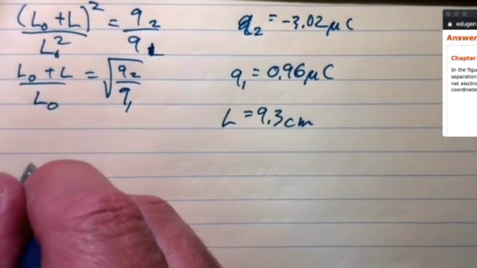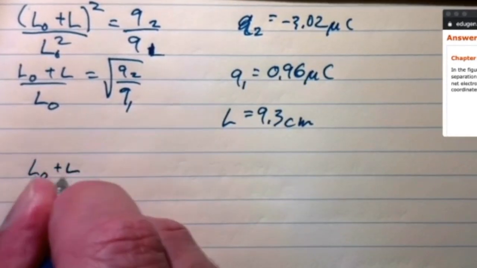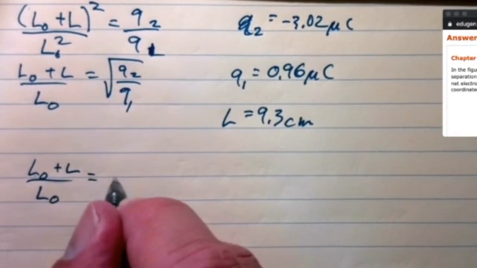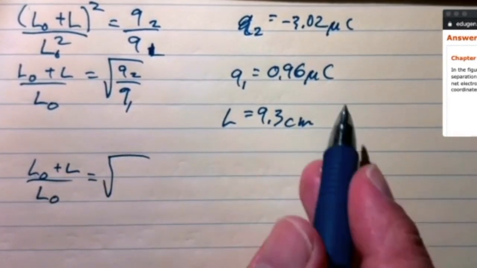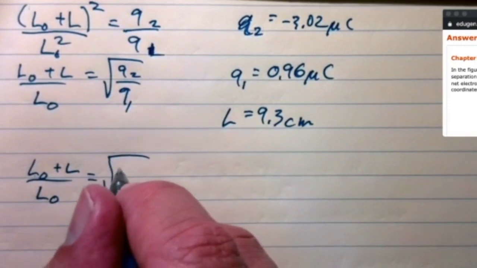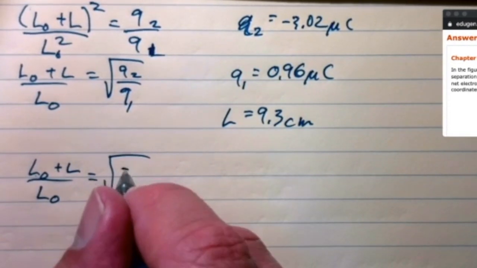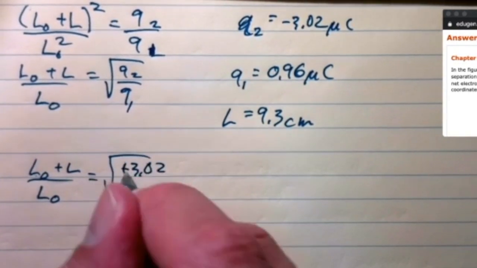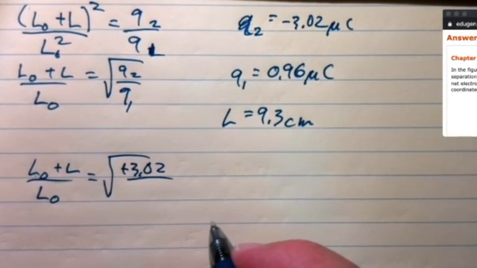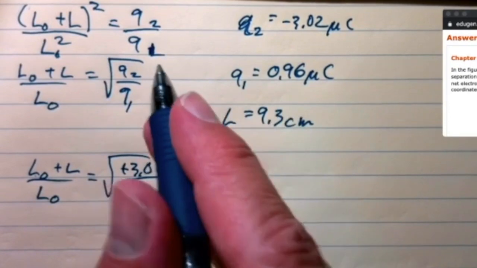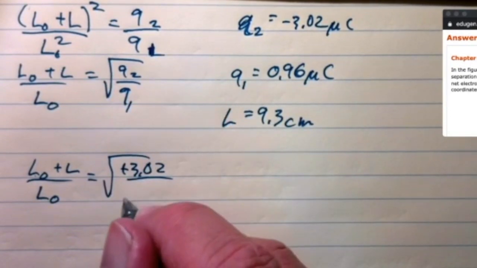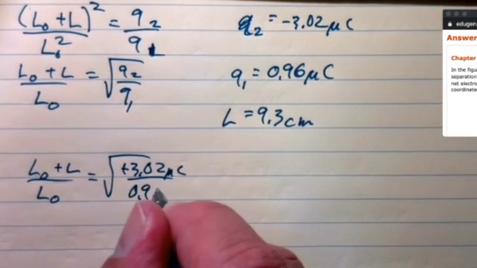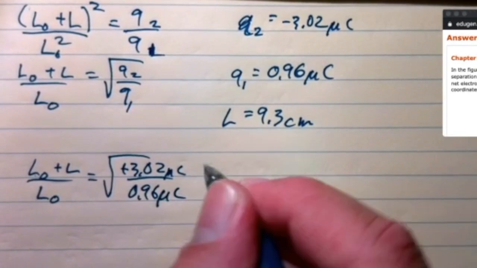So now I will get L0 plus L divided by L0 is going to equal the square root of Q2, so that's going to be 3.02. I'm just taking the absolute value of this, so I don't have a negative sign there. That should be positive. This is microcoulombs divided by 0.96 microcoulombs.